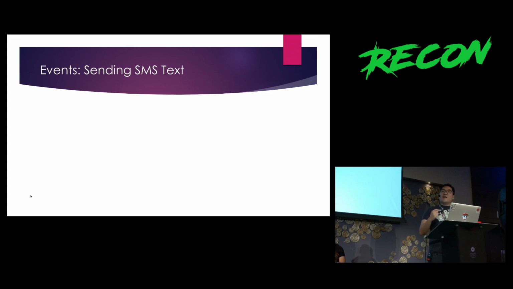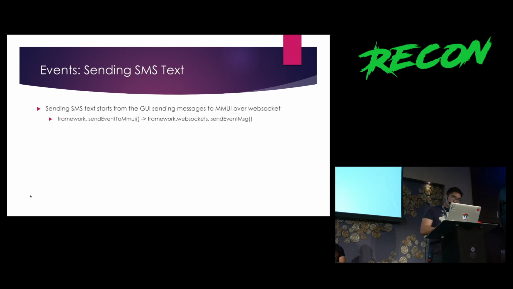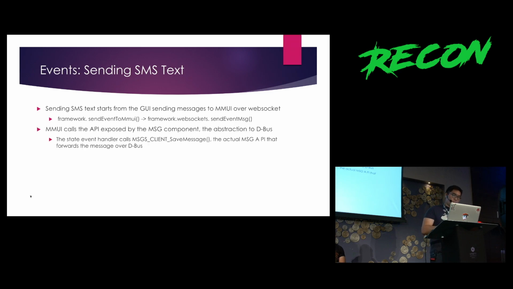And now here's what happens when the driver decides to reply or send an SMS text message through the infotainment. When the driver says they're going to reply to these messages, the GUI sends a couple of requests to notify the state machine manager in the GUI backend to send out the text message. The GUI backend then uses the API exposed by the message service to send the data over D-Bus.